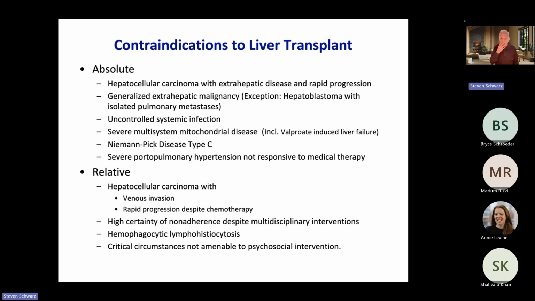If there's a high certainty of non-adherence, patients with hemophagocytic lymphohistiocytosis and other circumstances that may not be amenable to either adherence or follow-up or other perioperative characteristics. So again, the relative contraindications are relative and depend on individual patient evaluation, but the absolute ones have really remained fairly consistent.